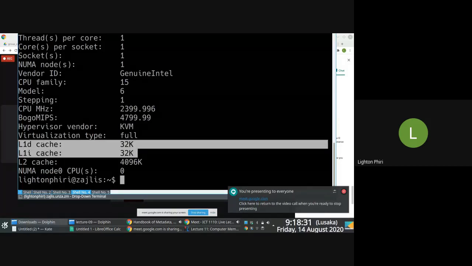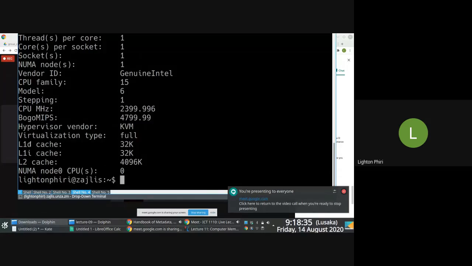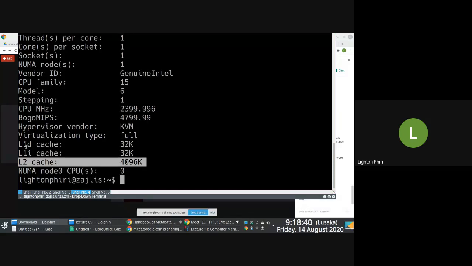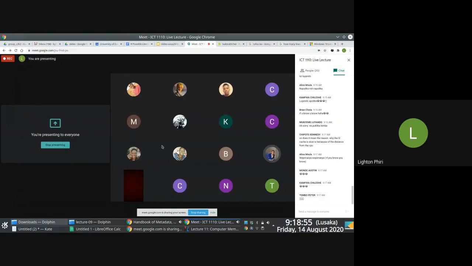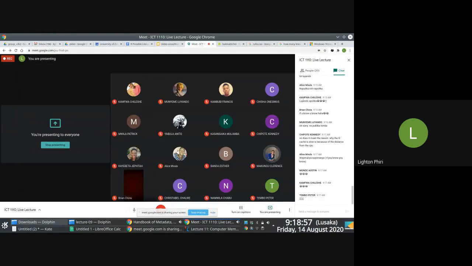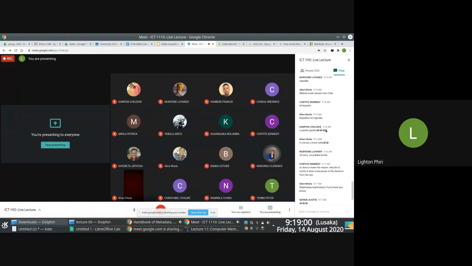So it is in part because of proximity. If you look at this example, it only has level 1 and level 2. This is shared cache. This, on the other hand, is cache that is associated with individual cores. Because they're associated with individual cores, they're on the cores themselves, so they're much closer to where the execution actually takes place. So yes, to a certain extent, that is true. Any other questions? I'm sorry that I can't sit through all the chat.